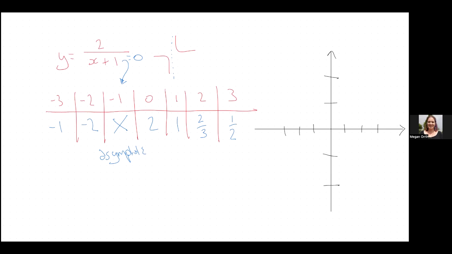All right, so -3 is -1. -2 is -2. Wait, -2 is our asymptote. Okay, so then we have 0 is 2, 1 is 1, 2 is 2/3, which is sort of here-ish, and 3 is 1/2.